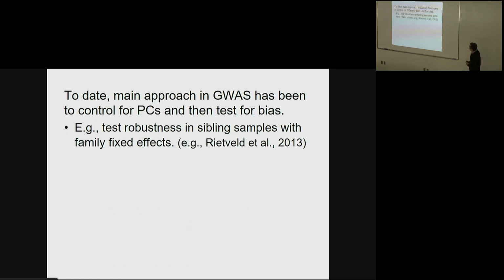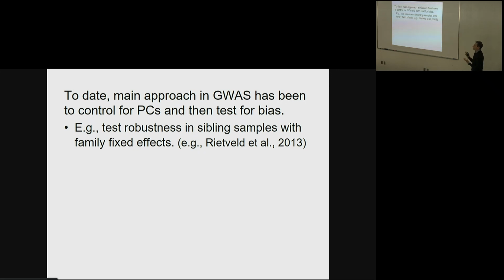Okay, so coming back to our interest in causal effects, the way we've tried to deal with the issue of causal effects until very recently has been that in the GWAS we control for principal components. That's kind of the best we could do.